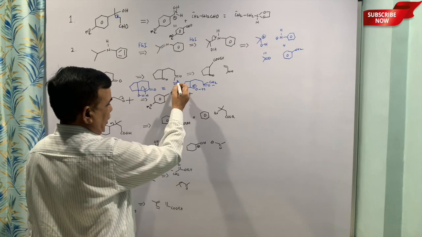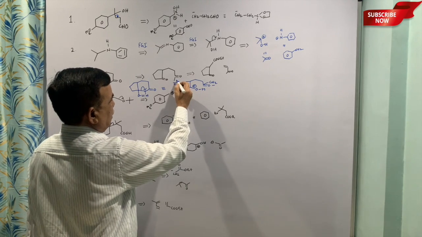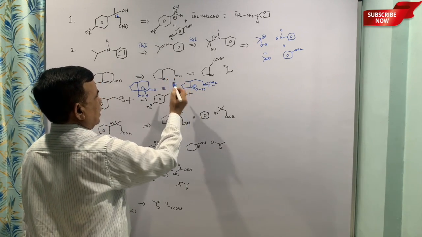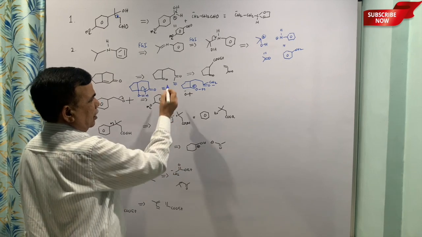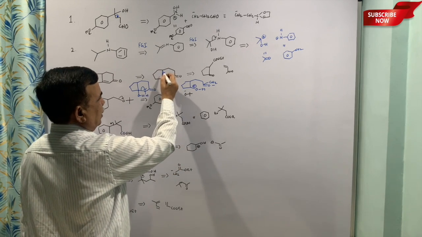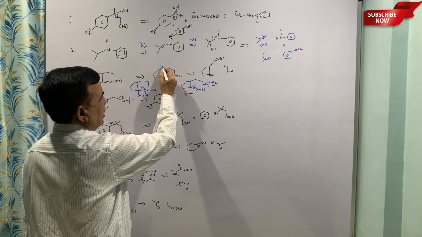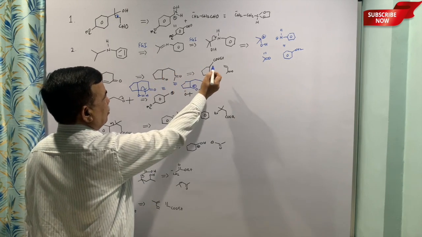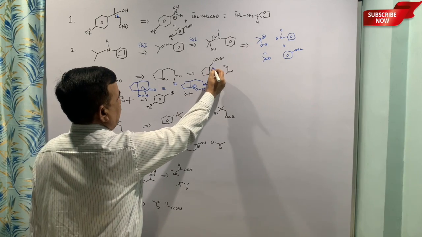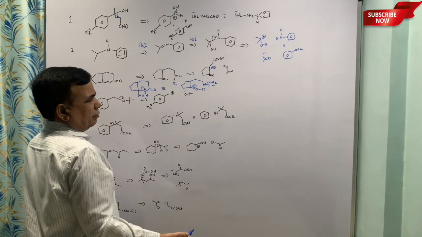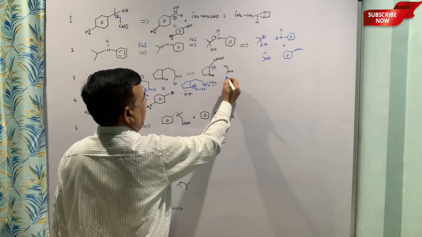So with a suitable base, you can abstract a proton, then it is an aldol condensation. How to get this? You need alpha substitution. Now for alpha substitution you need an activation at this point. So COOH is best. You generate a carbanion here, then it is conjugate addition.